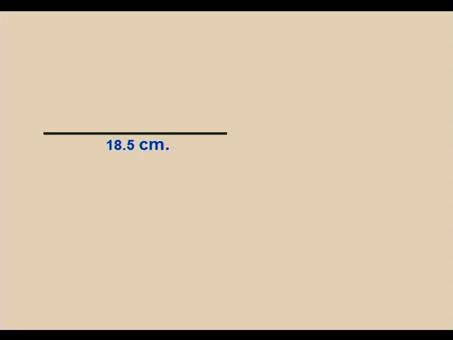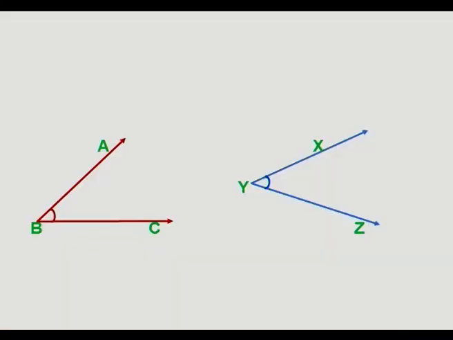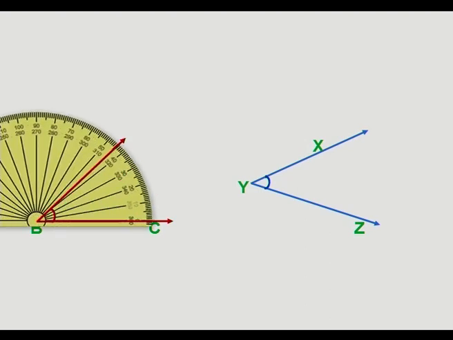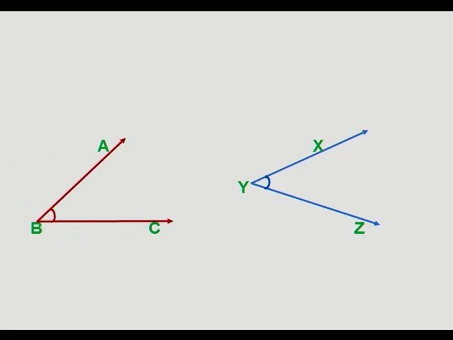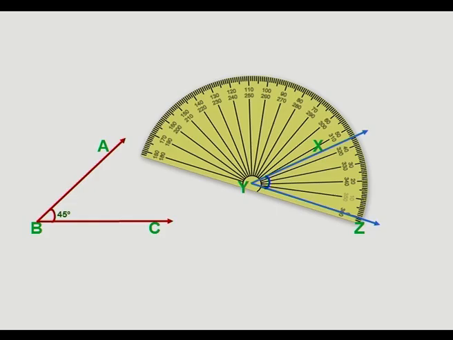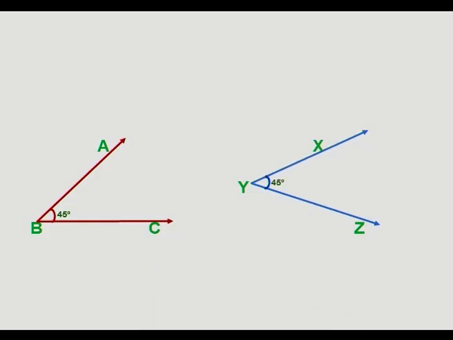Now, let us observe these two angles. You can observe angle ABC and angle XYZ on the screen. The orientation of these angles is not the same. You can observe. Let us try to measure these angles. Angle ABC is 45 degrees and angle XYZ is also 45 degrees.